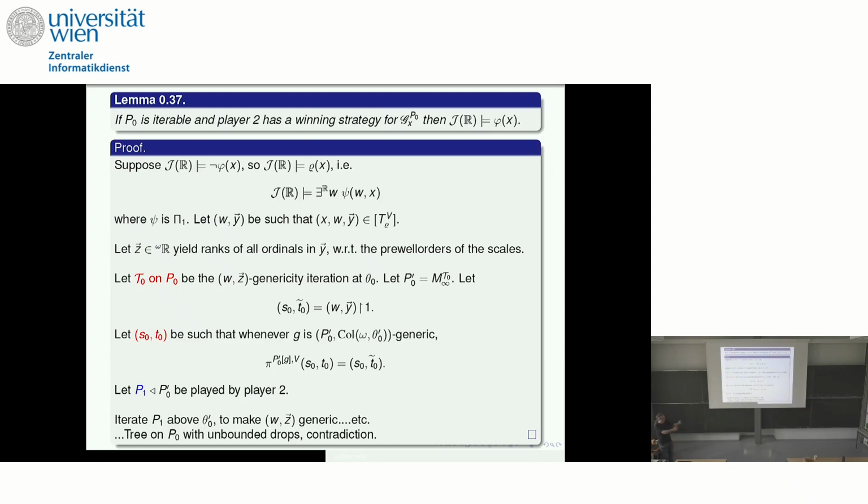You can keep going with that, but because it's iterable, it can't go forever because you're dropping in model, so it's impossible. Okay, so if you've got an iterable one, the pi 2 thing is true.